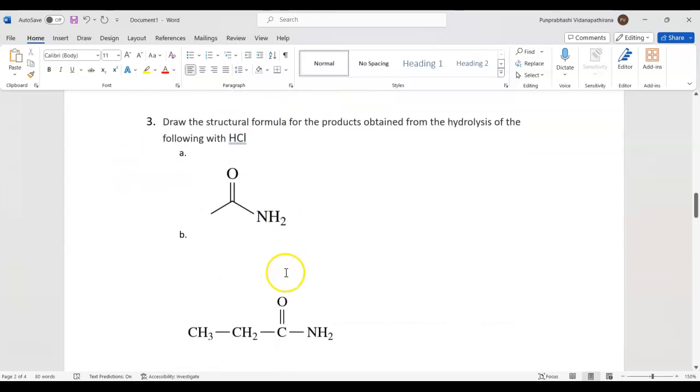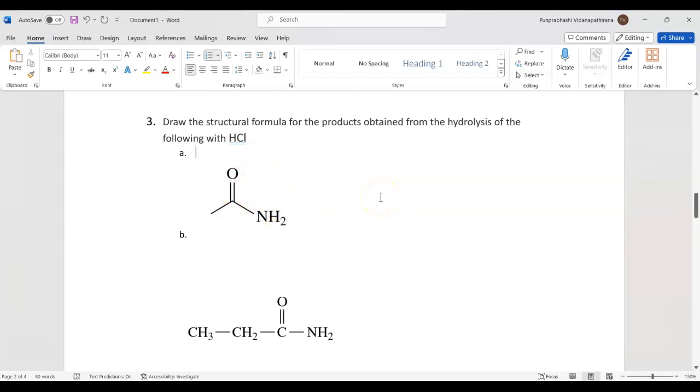Okay. Now, question 3. Draw the structural formula for the products obtained from the hydrolysis of the following compounds with hydrochloric acid. I have given a detailed explanation of acid hydrolysis and base hydrolysis in my lecture video. If you didn't watch that, please watch that before you come to these questions. Now, we will see what are the products that come from the acid hydrolysis of this particular amide.